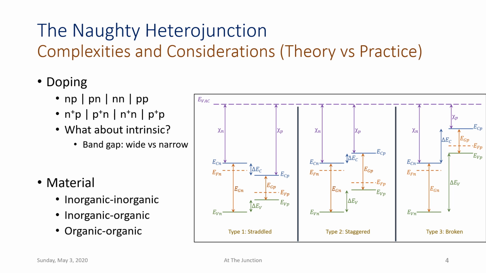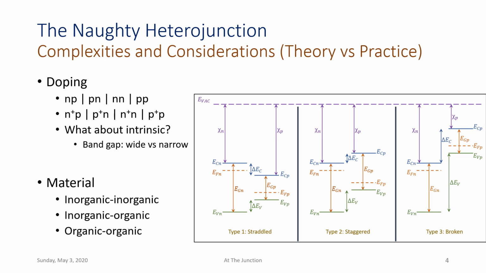So we could have a PN heterojunction, we could have an NP heterojunction, but you could also have an NN heterojunction or a PP heterojunction. And it is quite possible that the doping on one side of the material, or one of the materials, is much higher than the doping in the other material.